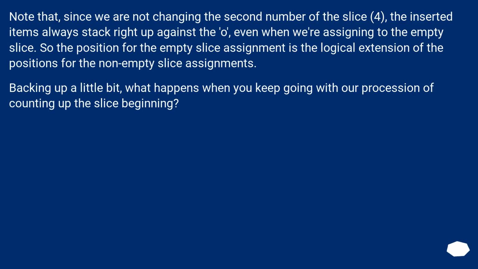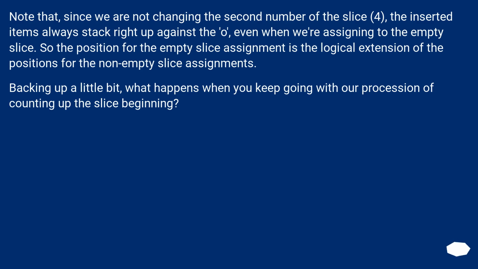Note that, since we are not changing the second number of the slice, 4, the inserted items always stack right up against the 'o', even when we're assigning to the empty slice. So the position for the empty slice assignment is the logical extension of the positions for the non-empty slice assignments.